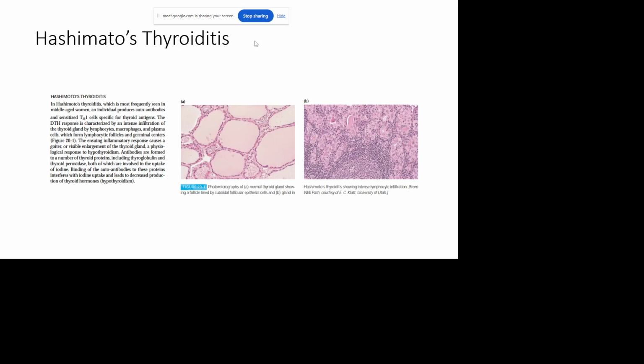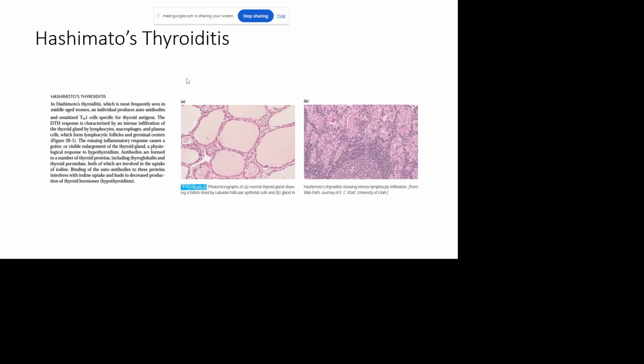So autoimmunity is when your own immune system is targeting your own cells, right? When your self antigen is being attacked by your immune cells, then it will be called autoimmunity. The simple definition of what you can think of.